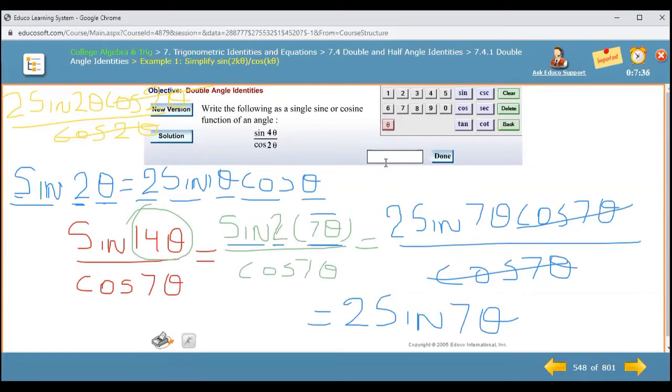So your answer in this case will be 2 sine 2 theta. Okay, now let's check another problem.